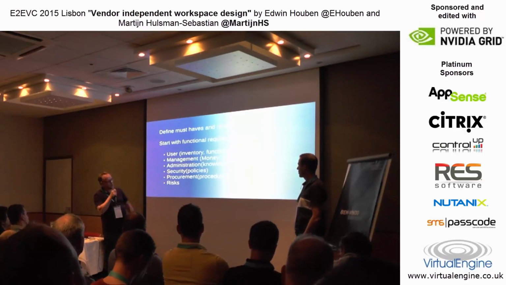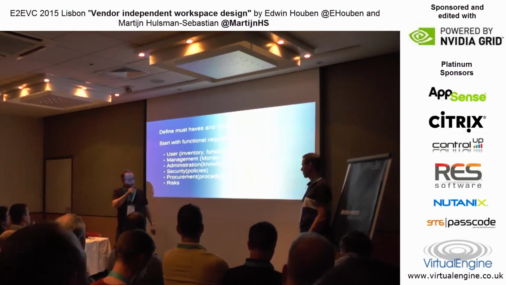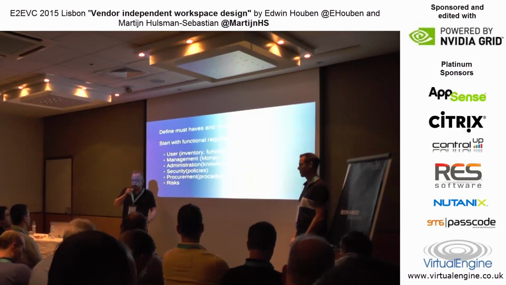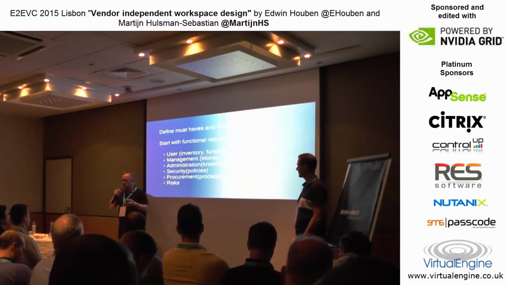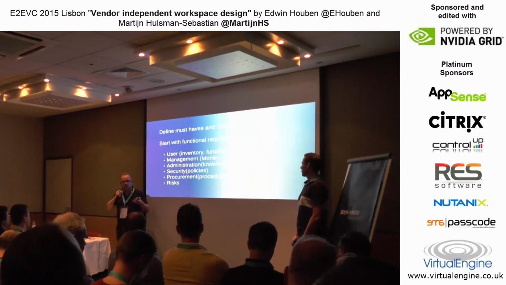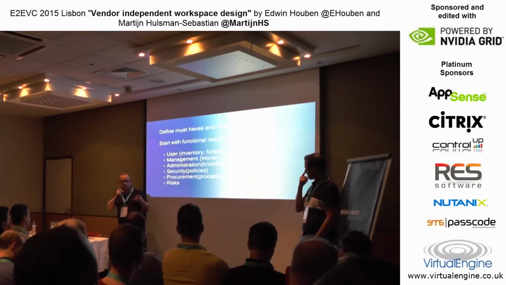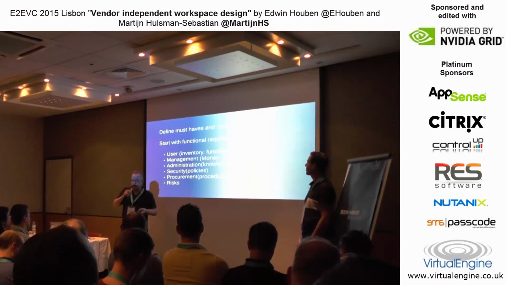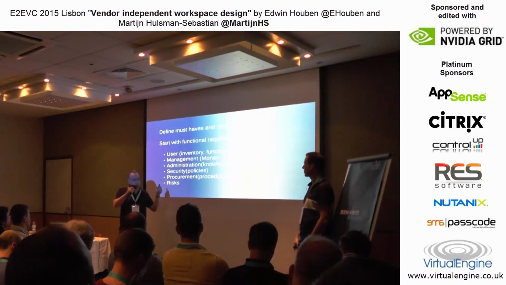And another one is security. Security officers are a pain in the ass, we all know. But you need those guys. In government organizations, you have really tough security standards, and you have to cope with those. So start talking to security from day one.